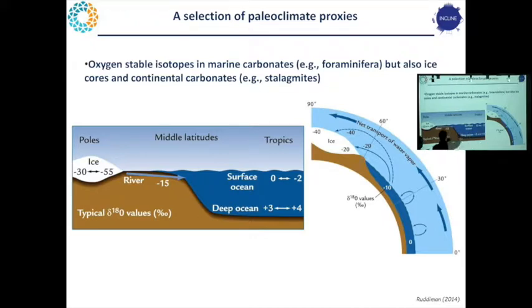So this O16 H2O will precipitate as snow and be trapped in ever-growing ice sheets as the Earth is going into a glaciation.